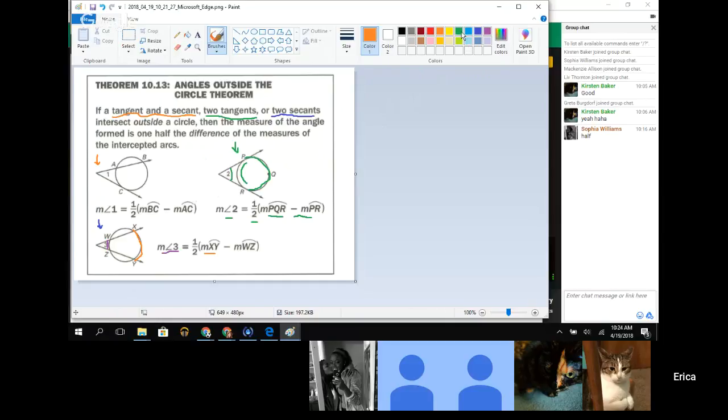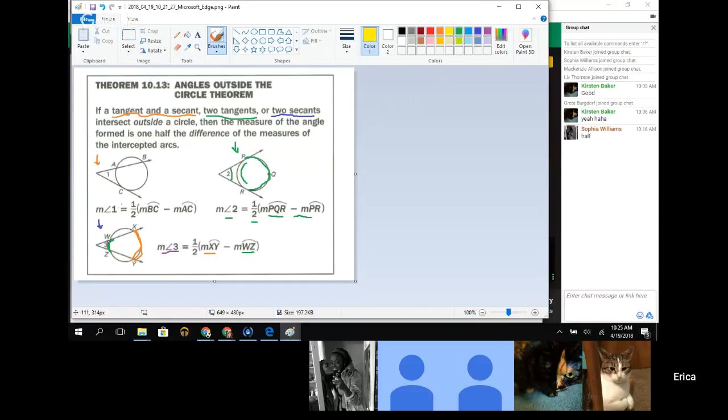XY minus WZ, which is in here. Okay, so you're taking basically the bigger arc that's formed by the angle, subtracting the smaller arc and dividing by 2, and then you'll figure out what your angle is.